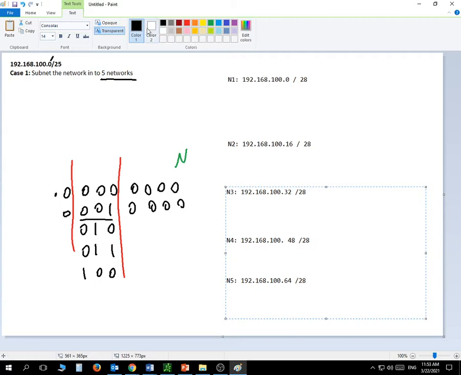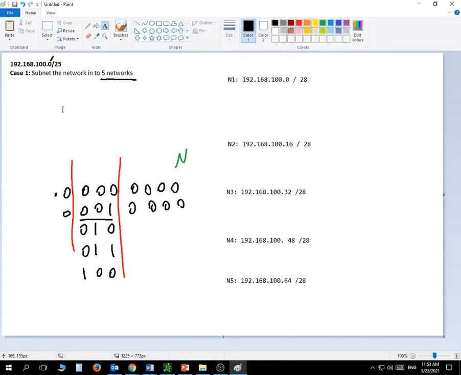Now, if I want to find out, let's go ahead and do the calculation. For the first available IP address in this area, this is going to be 1. The broadcast is going to be 15, and the last available IP address is going to be 14. Remember here, everything else is going to be the same. Now for this one, first available IP address, 17, the broadcast, 31, the last available IP address, 30.